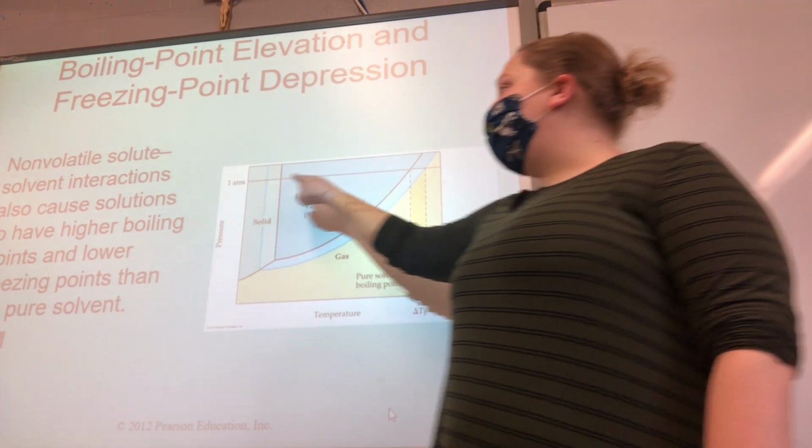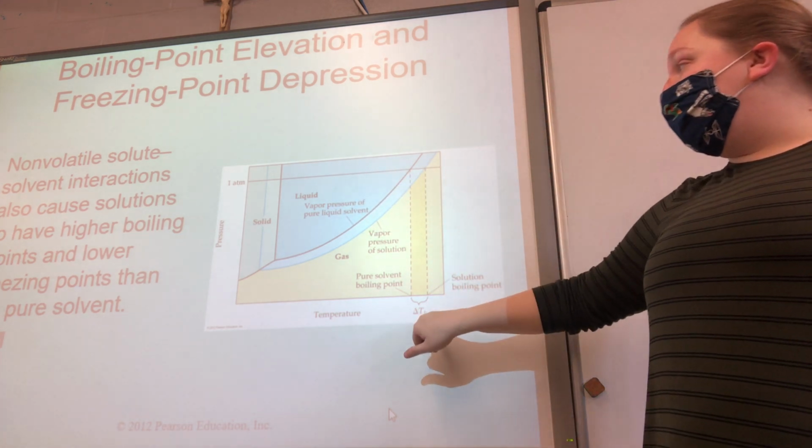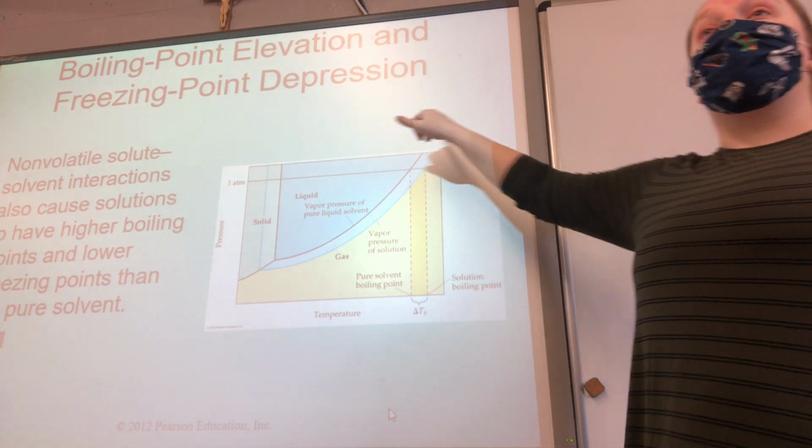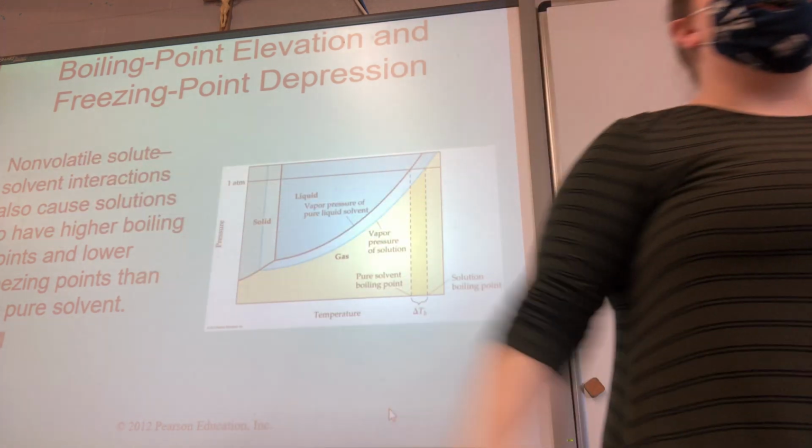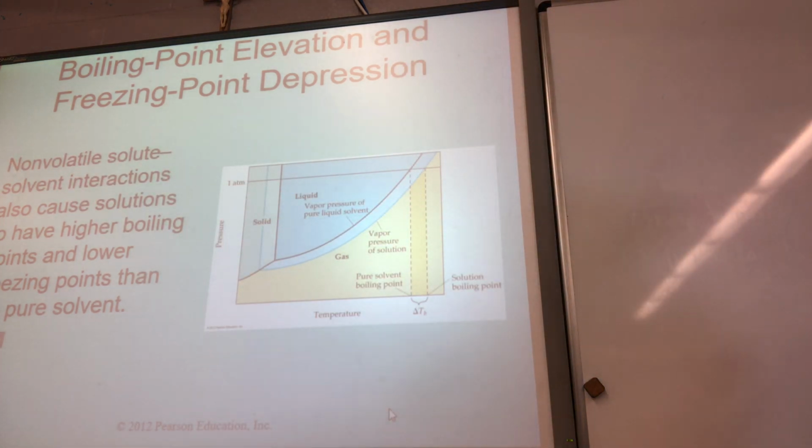These blue lines at 1 atmosphere, remember, your boiling point is going to be increased, okay? Your freezing point is decreased. So adding a solute increases our boiling points, lowers our freezing points. Boiling point elevation, freezing point depression.